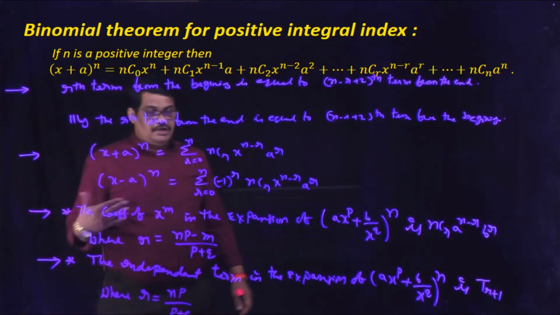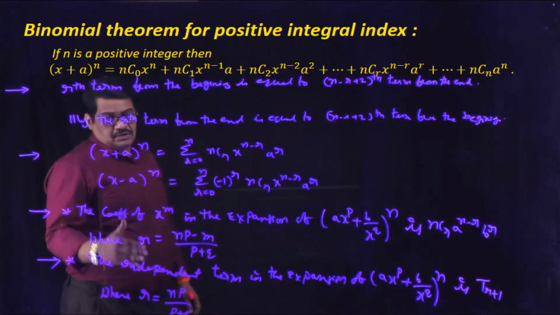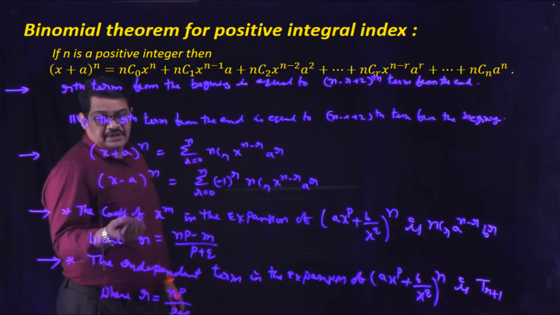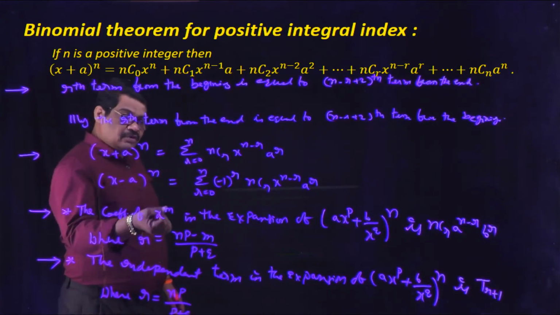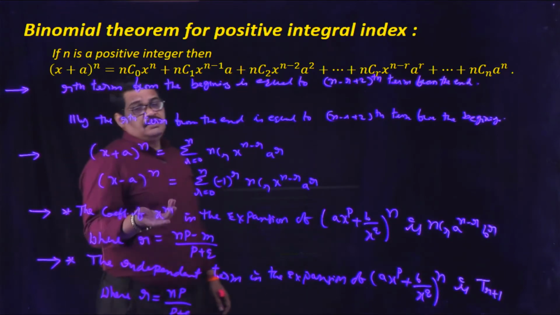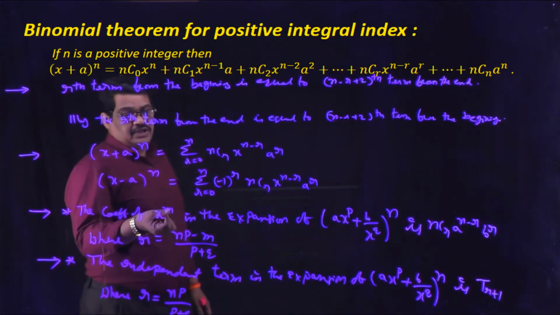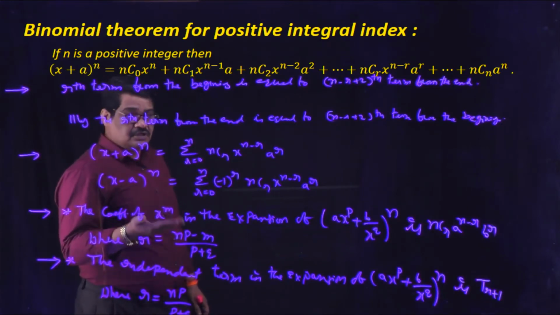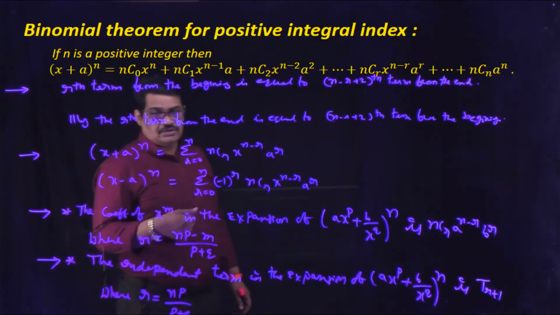Here the independent term is the term in which there is no x, that is the coefficient of x to the power of 0. If m is 0, then the term is independent of x, that is, there is no x in the term.